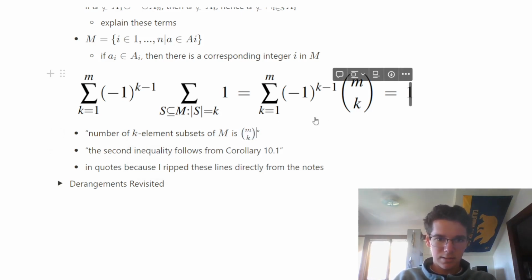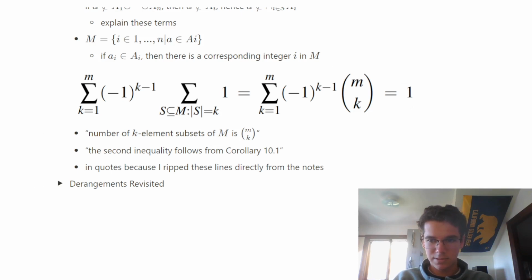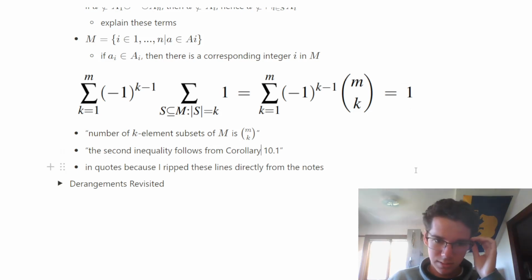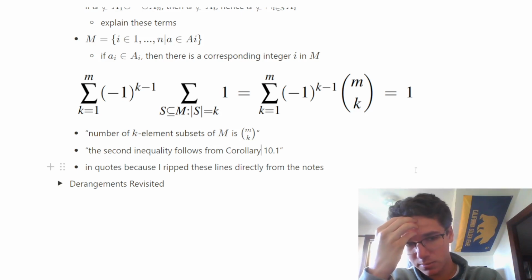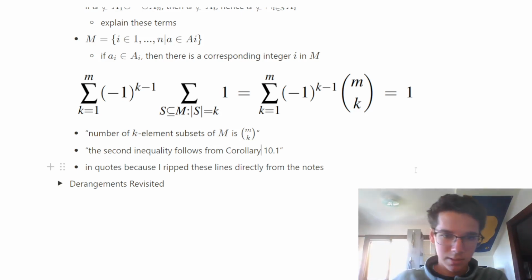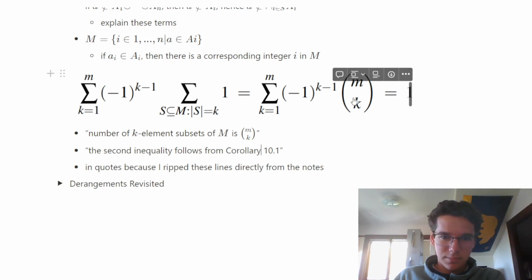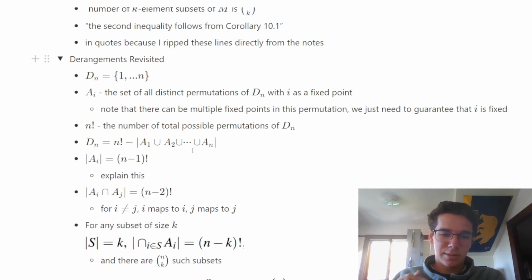And then that M choose k sum is equal to 1 if we follow the 10.1 corollary, which I have to sneeze, so I'm going to pause. Which is, again, if we use the binomial theorem and then plug in certain values for a and b. But I don't know, I get all the parts, I just don't really get it when they're all together.